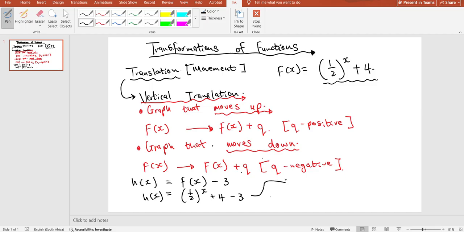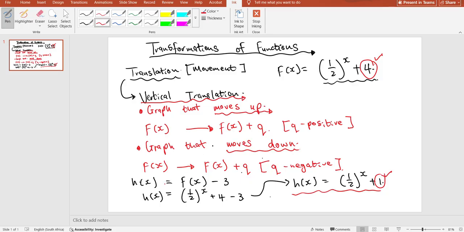And if you evaluate this and do your like terms, then the 4 and the 3 are going to subtract, and so the new graph looks like this. And there we go. Again, when you compare these two, you should be able to see that initially this was a 4 and this is a 3. So that has to have been a movement that moved it 3 units down.